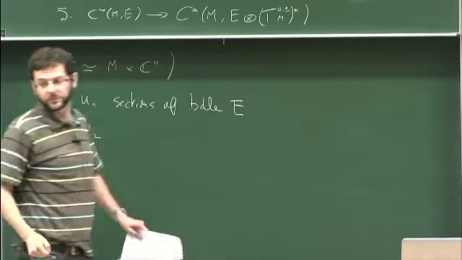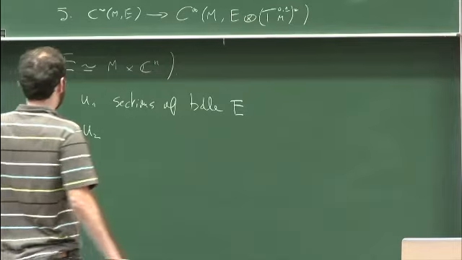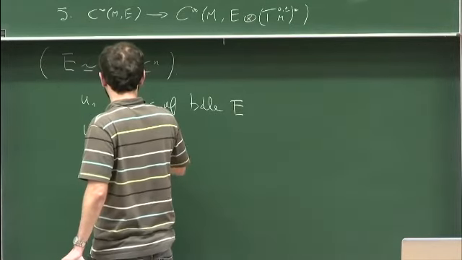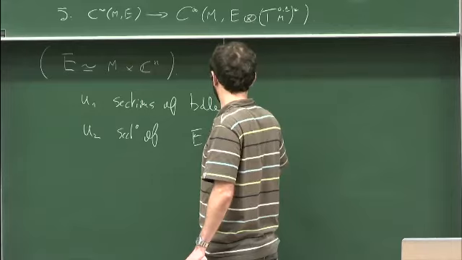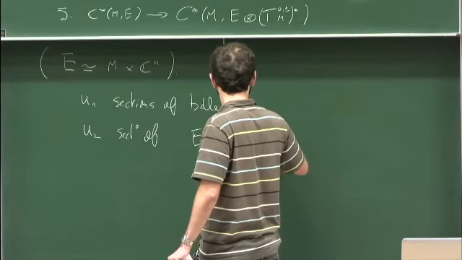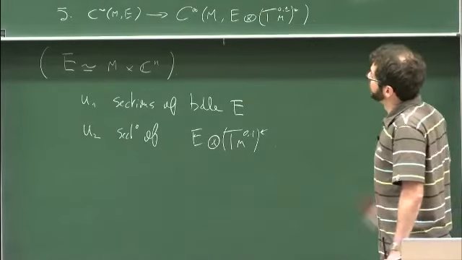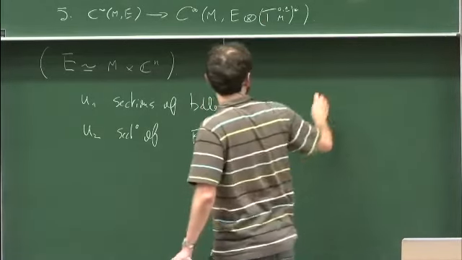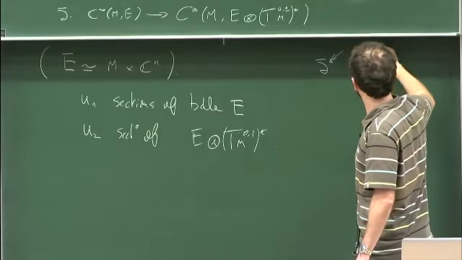So you go from a function to forms in general. Of course, in a domain of C, it's just function to function. But U2 are sections of E tensorized with T^{0,1} star, and the star here is with respect to g.